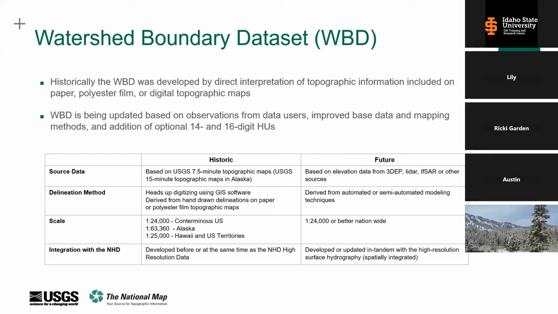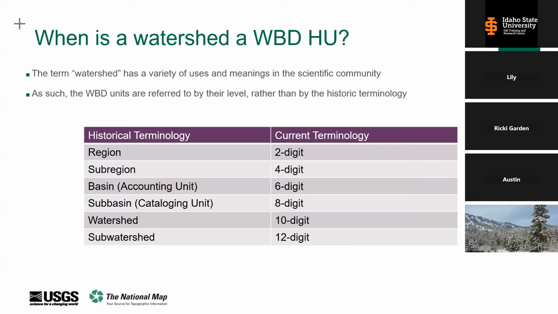We have quite a few partners across the nation that we collaborate with on state-based projects to update the WBD with higher resolution base data. And those are really taken on a state-by-state basis according to what the state really needs for their WBD delineation. So we work very closely with our state partners in the WBD.